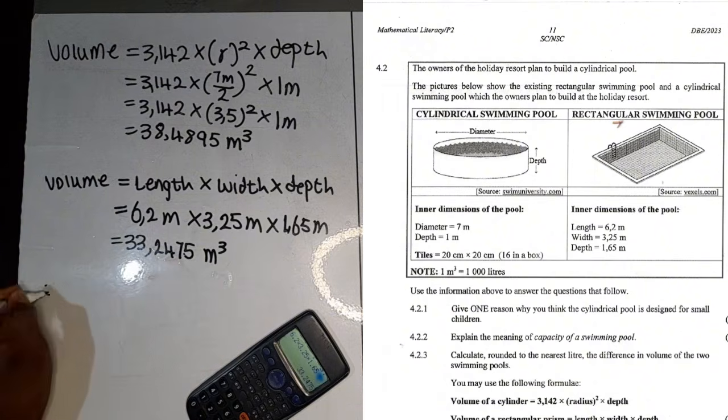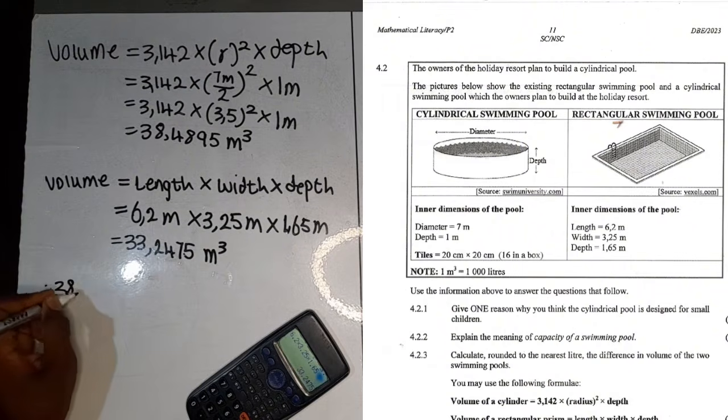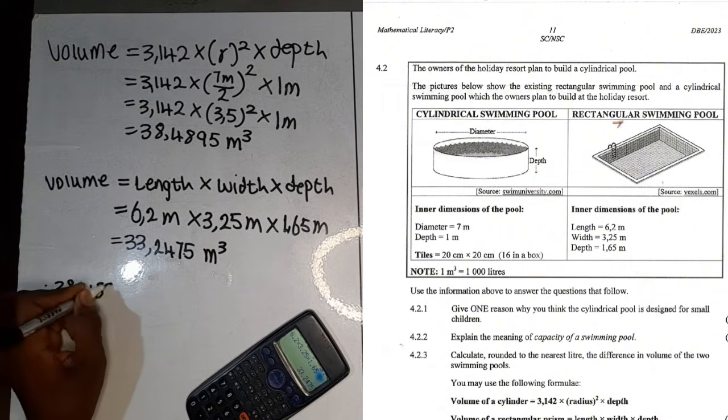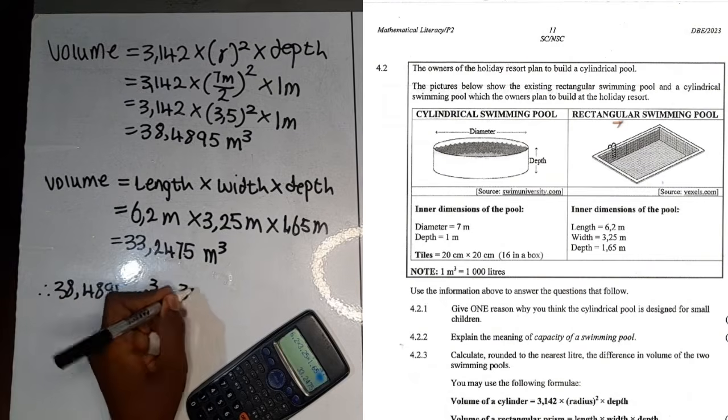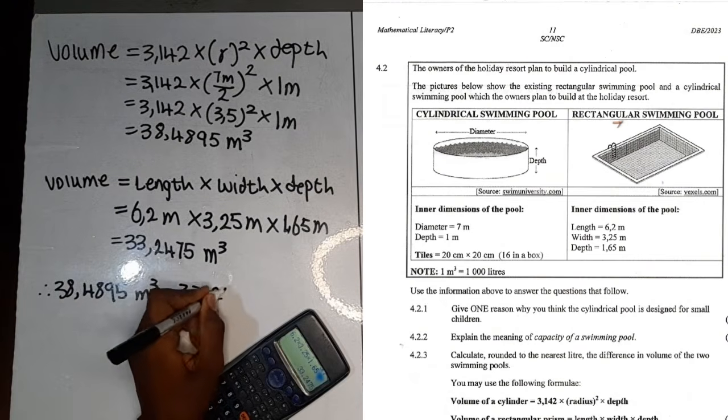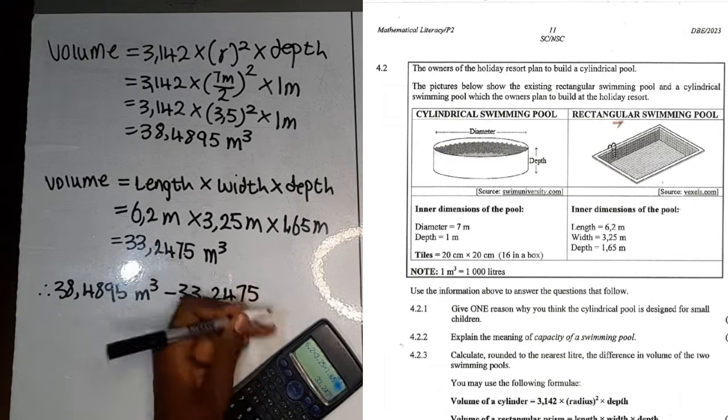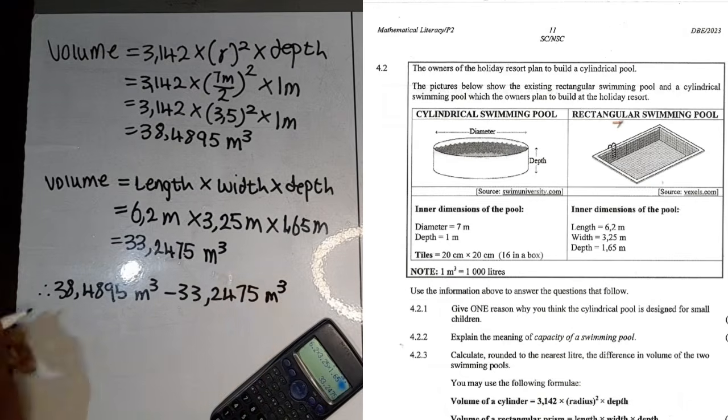So we're going to say, therefore, 38,4895 cubic meters minus 33,2475 cubic meters. And let's see what the difference will be.